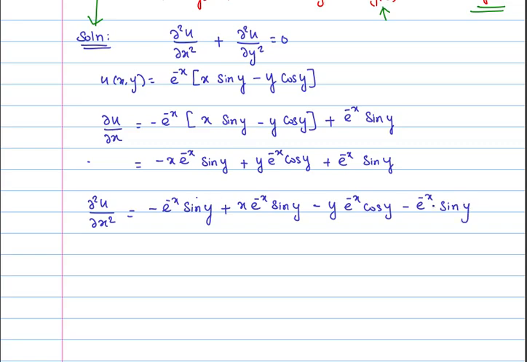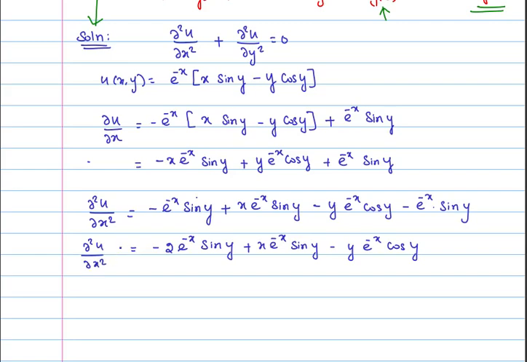Now I have to compare these two. We will get minus 2 times exponential of minus x sin y plus x times exponential of minus x sin y minus y times exponential of minus x cos y. This is d square u by dx square.